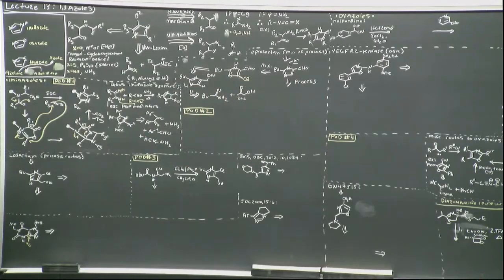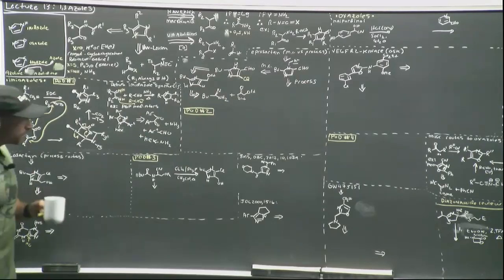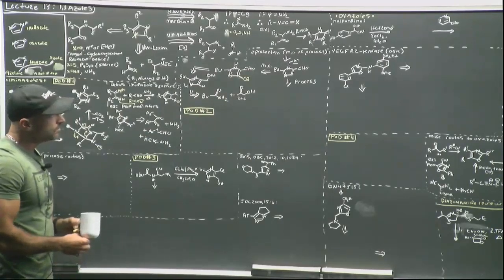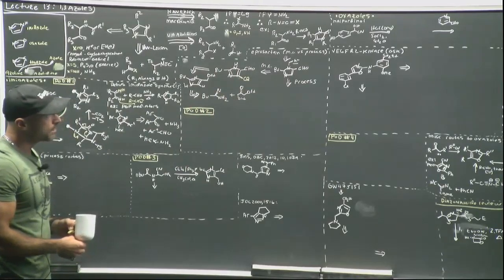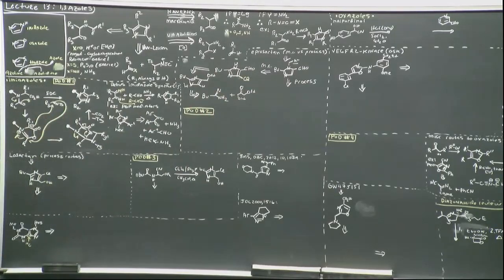Okay, the process chemists were obviously not interested in doing an alkylation event. So we need a completely different way to put this together. So the process chemists know what target they have.